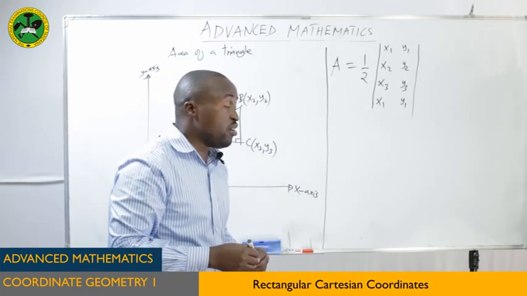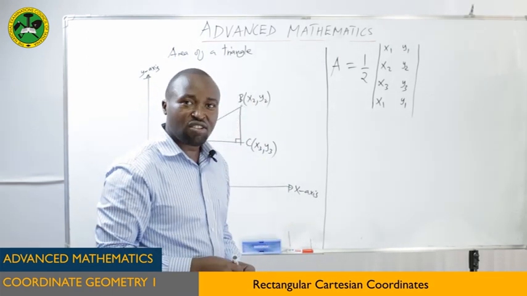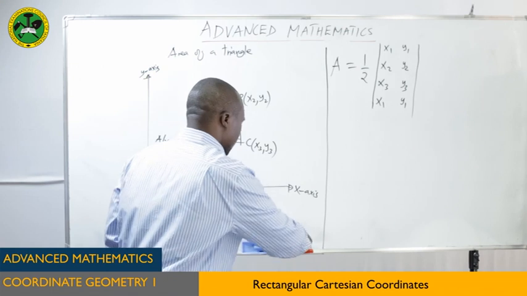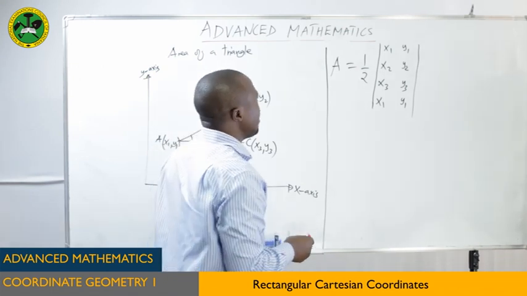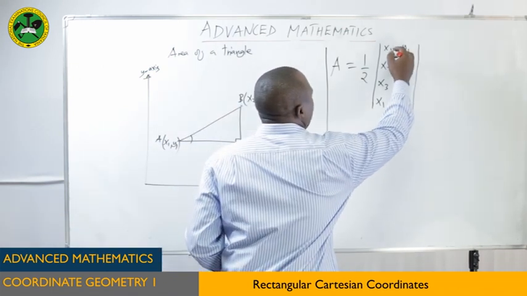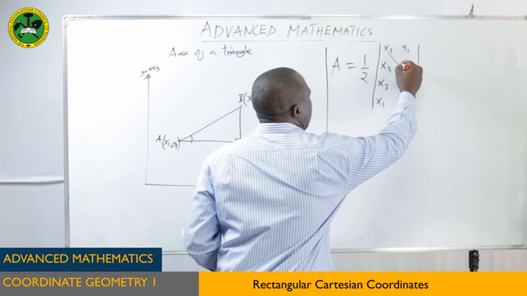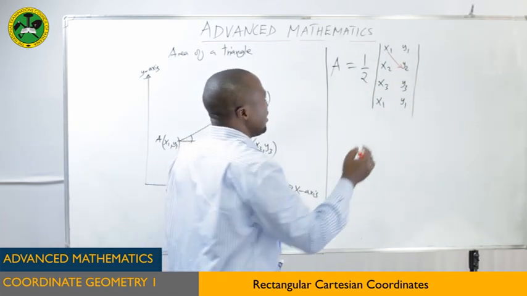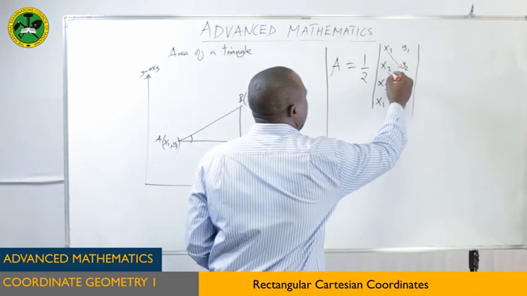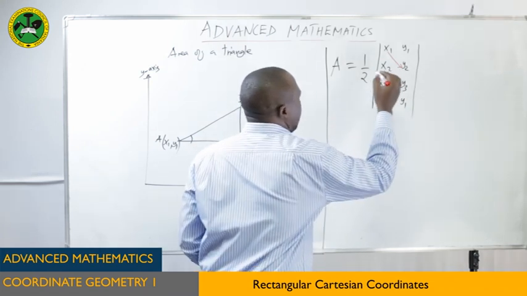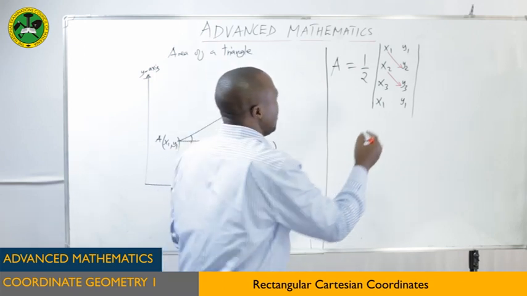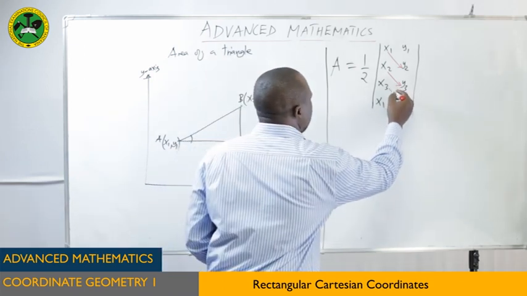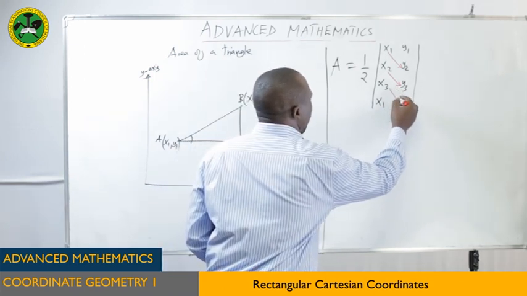So here we are going to use the arrow and dotted arrow. First case, we start with the arrow. So we take x1 times y2. Then we proceed with x2 times y3. Then we take x3 times y1.